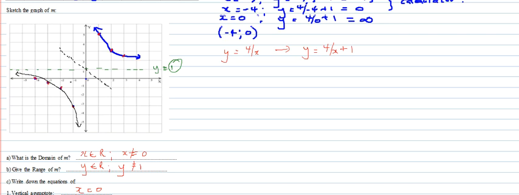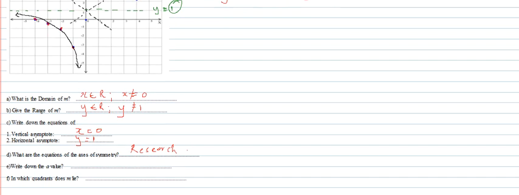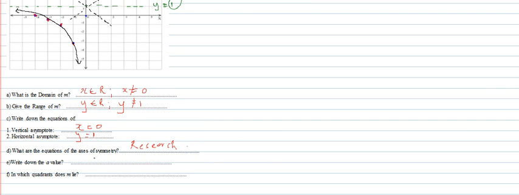So that would be how you would determine the axis of symmetry, but I'm going to leave that for you to do. Our a value was 4, and remember our q value is 1.